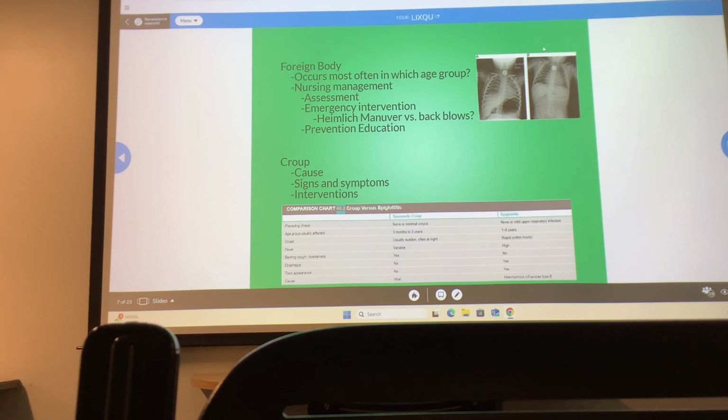If they open their mouth and you can see it, really that's all you're gonna do, right? Our surgeons are gonna be the ones to go and grab that out. We are not. But if you can't see anything in there because it's down too far, we really don't want to go inspecting around in there because they could also have what?